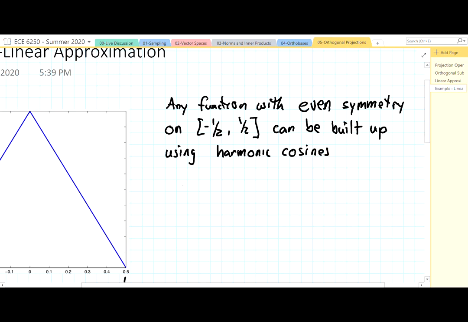So this would look like this. x of t is equal to some DC term plus the sum from k equals 1 to infinity of alpha k square root of 2 cosine 2 pi kt.